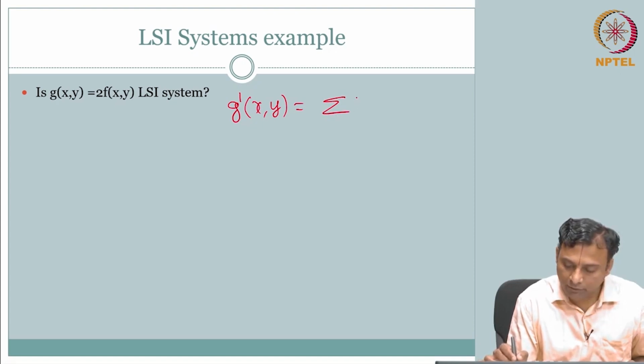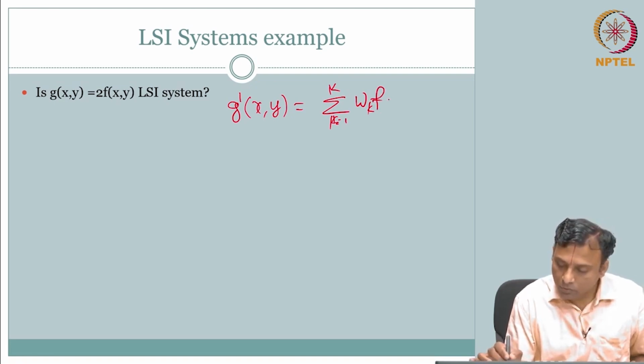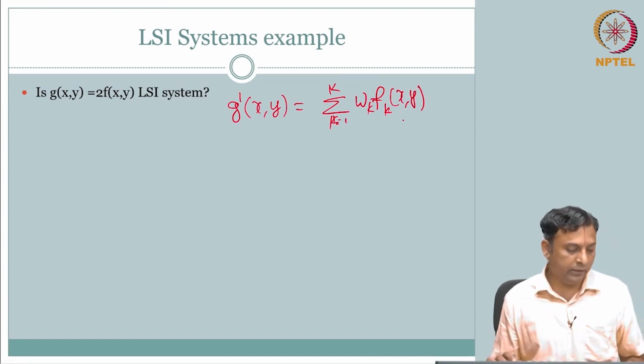Let's say you have a weighted combination, using the same variable k from 1 to some capital K. So this you want to do with f of x k.